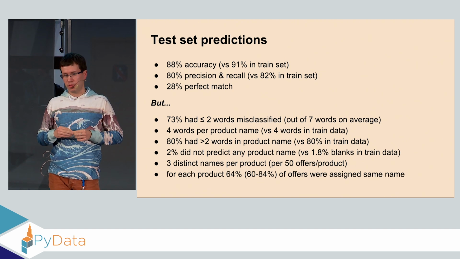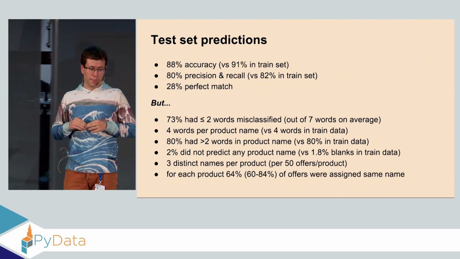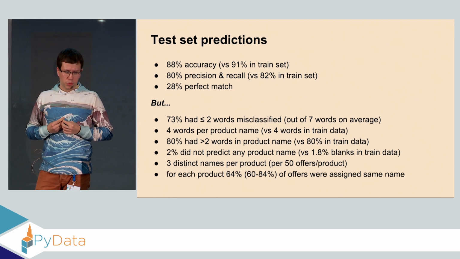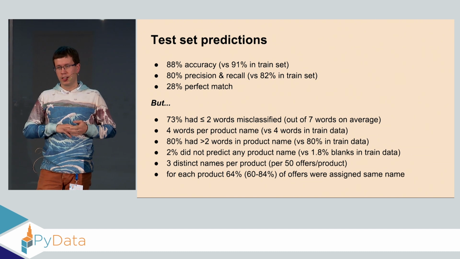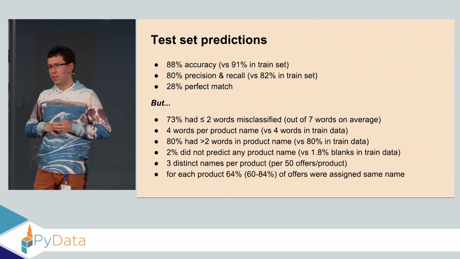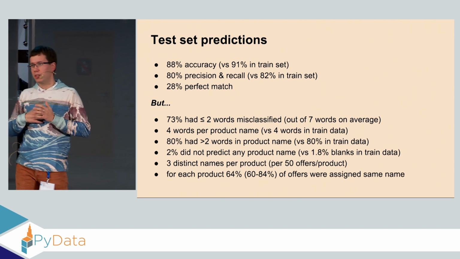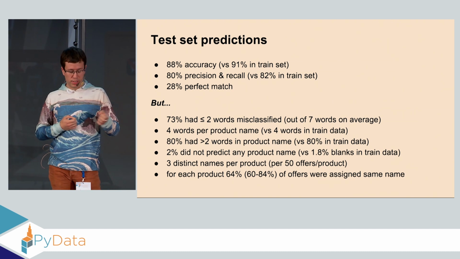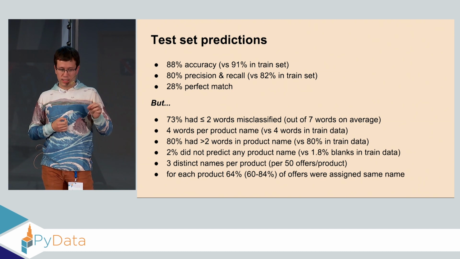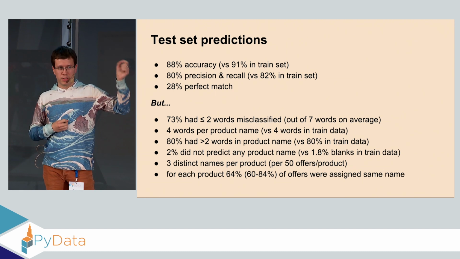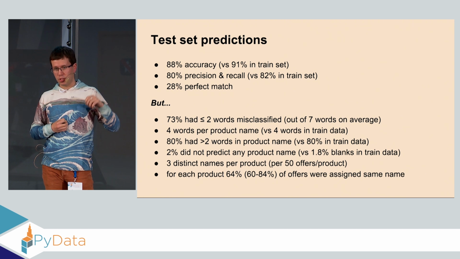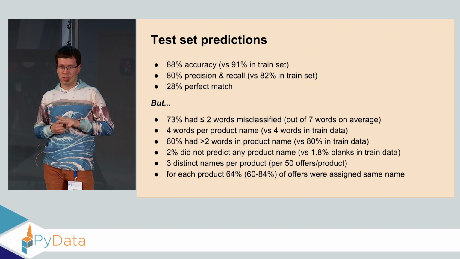Also, what's interesting is that if we use this algorithm and predict the names of the products from our data set, then we see on average 3 distinct predicted names per product. In our data set, the one that we used for training it, we had something like 50 offers per product. So we reduced 50 different descriptions to only 3 different names.